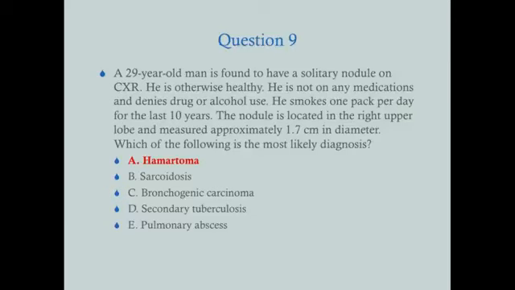Okay? 29-year-olds who are otherwise healthy don't get lung cancer like that, even if they smoke. He's been smoking for 10 years, but you're going to see lung cancer in 55, 60, 65-year-old patients who have a 30, 40 pack year smoking history. In that case, this picture would be pointing much more likely towards a bronchogenic carcinoma.